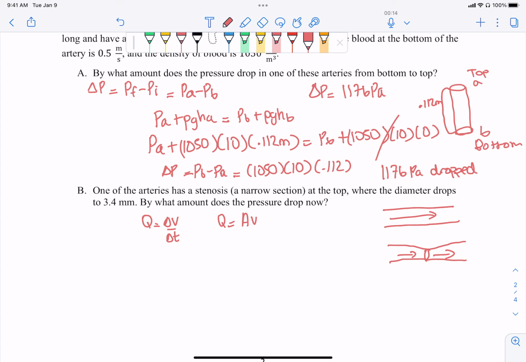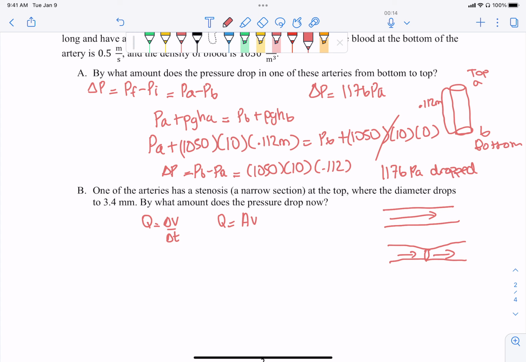Right? So if we think about it, there's a decrease in area. That artery is narrowing, right? So the diameter is getting smaller.